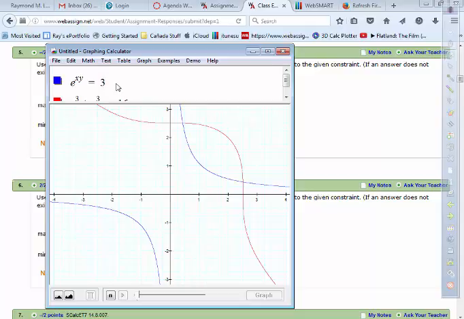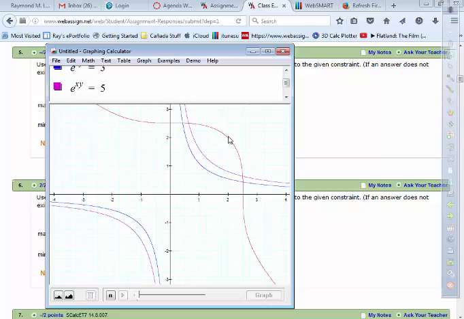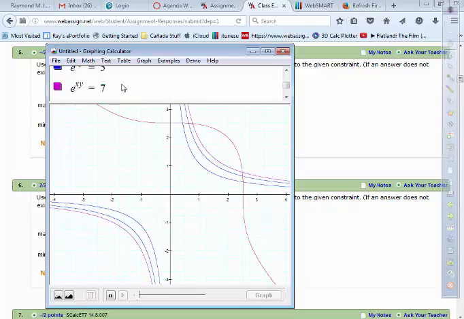So if we take a look at these things, at some level, this thing will eventually be touching this curve over here, right? And what I could do is try a bunch of different values. I have 3, 5, and 7.